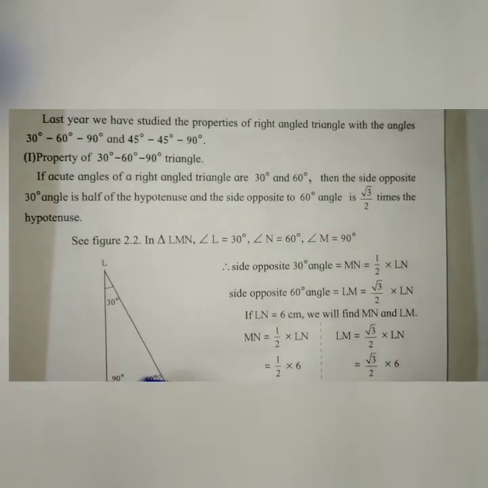Therefore MN is equal to 1/2 into LN, 1/2 into the hypotenuse. The value of LN is 6. Therefore 1/2 into 6, 2 1s are 2, 2 3s are 6. Therefore MN is equal to 3 centimeter.